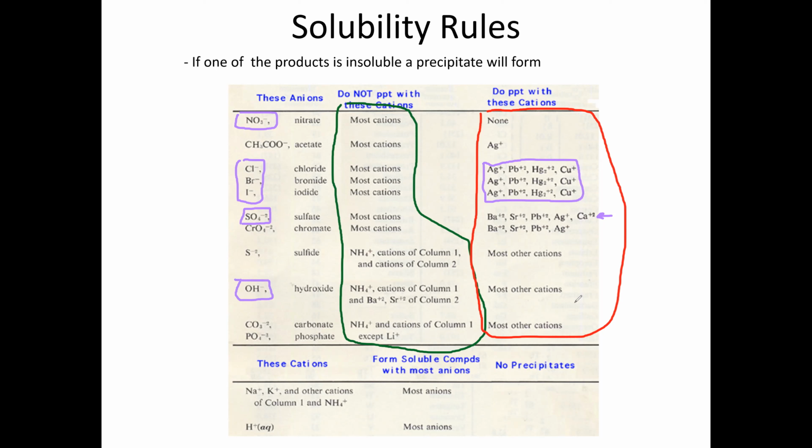So most hydroxides are insoluble except ammonium, group 1 hydroxides, and your heavier group 2 hydroxides. So all other hydroxides are insoluble. So you use the solubility rules once you know the products of your double displacement reaction to identify which product, if any, are insoluble.